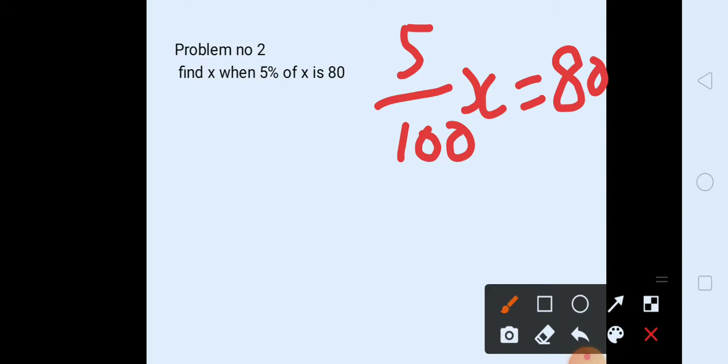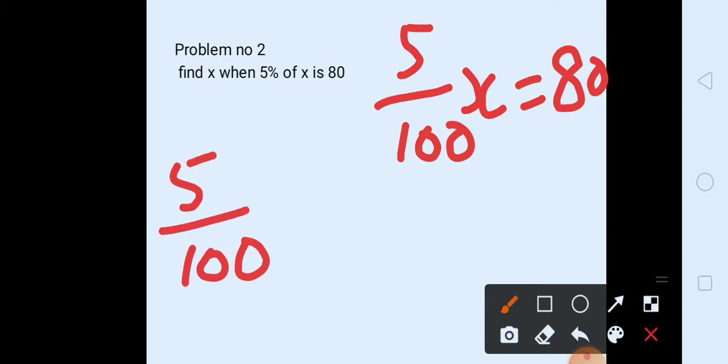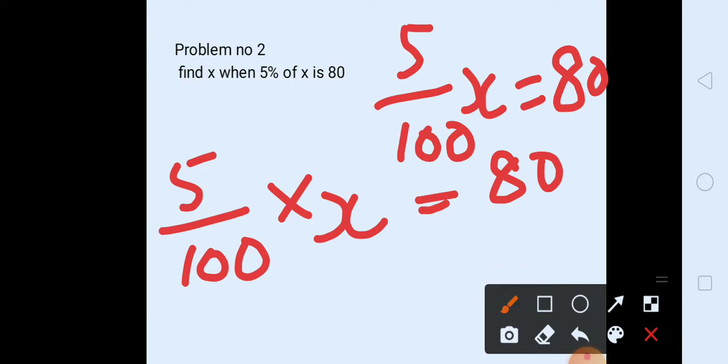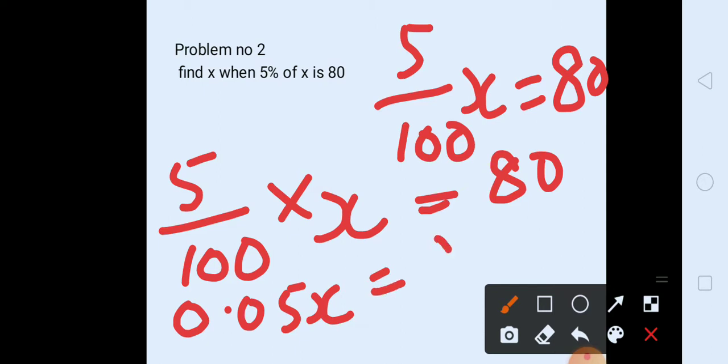You don't know x. So the simple calculation: 5 divided by 100 is 0.05, 0.05x is equal to 80.